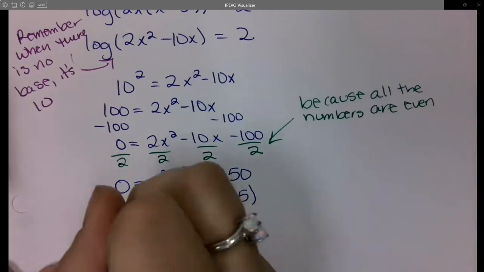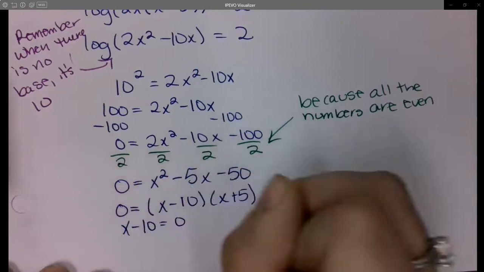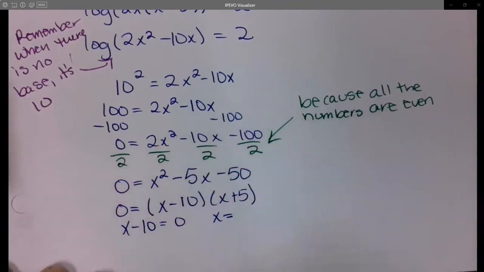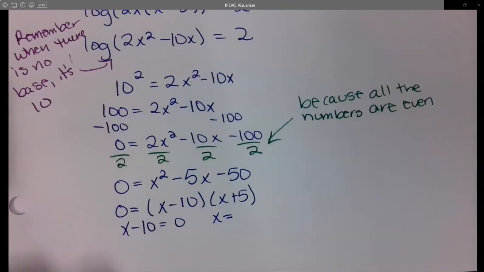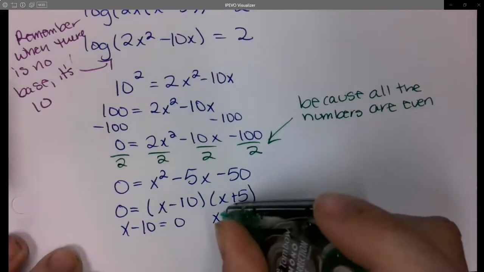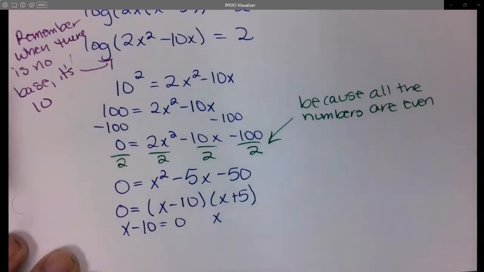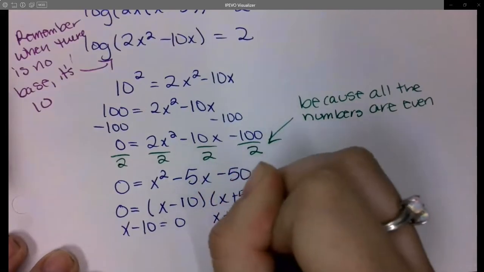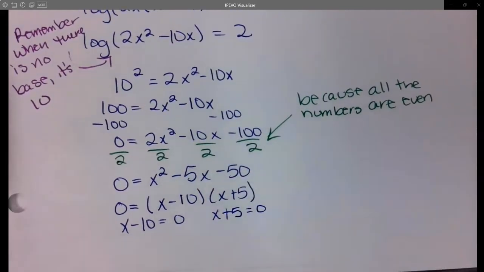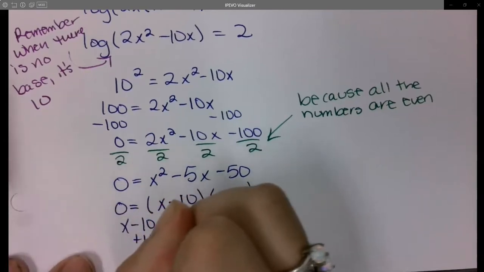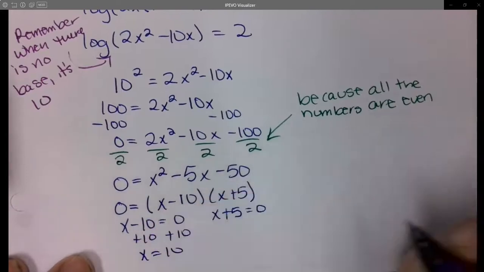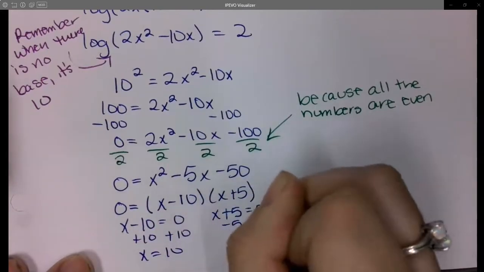Then I want to take each of these and set them equal to 0. And I would solve them. On the first one, I add 10 to both sides. On the second one, I subtract 5.